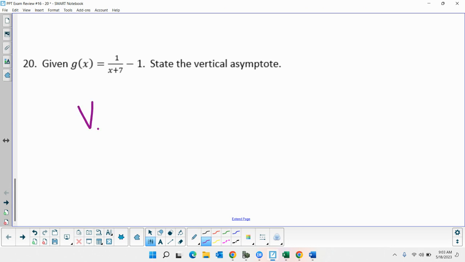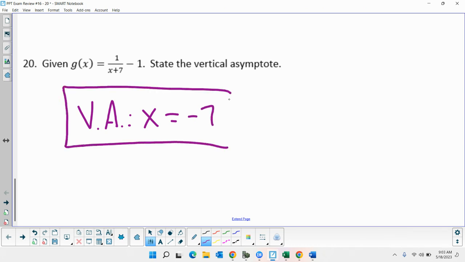Real easy. What makes that denominator 0? Yeah, -7. So all you do is look at this. Okay? Simple.